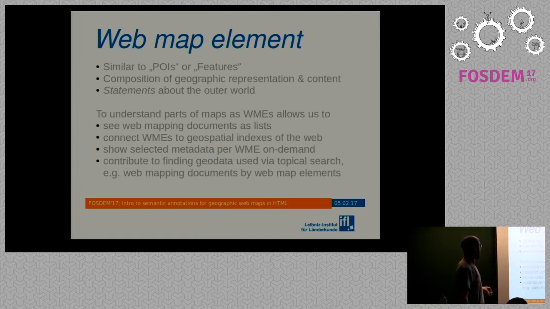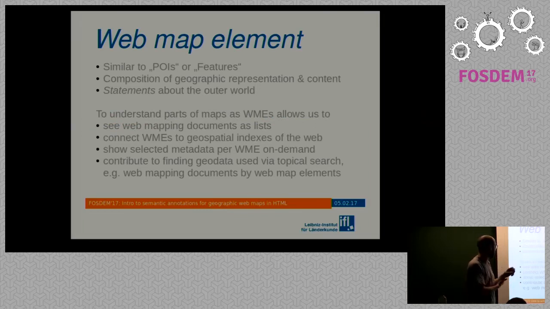And if we start to see web map elements as distinct items, we can connect these information or elements to the spatial index of the web, which is not yet possible if we annotate them. We can also show selected information on a specific web map element on demand to users.